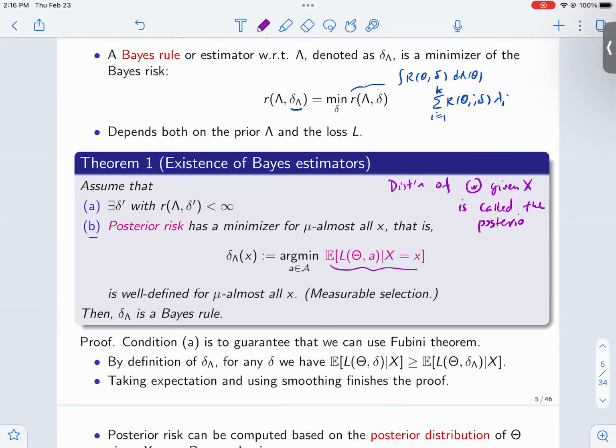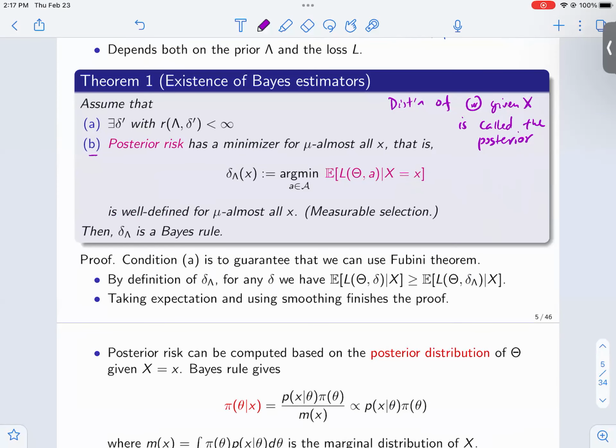So the posterior risk has a minimizer for almost all x, and you're not going to worry about the measurability issues and such. Then the result is that this is going to be the Bayes rule, and the way to prove it is that by definition, for every other decision rule, this is going to hold, because for that particular x, delta is the minimizer of the second argument.